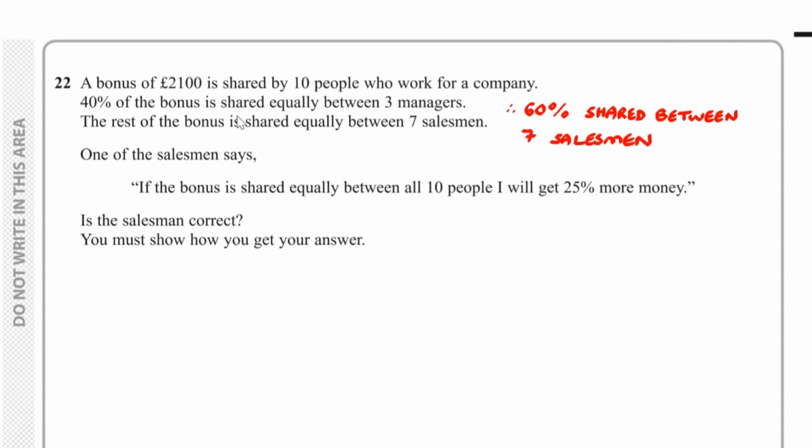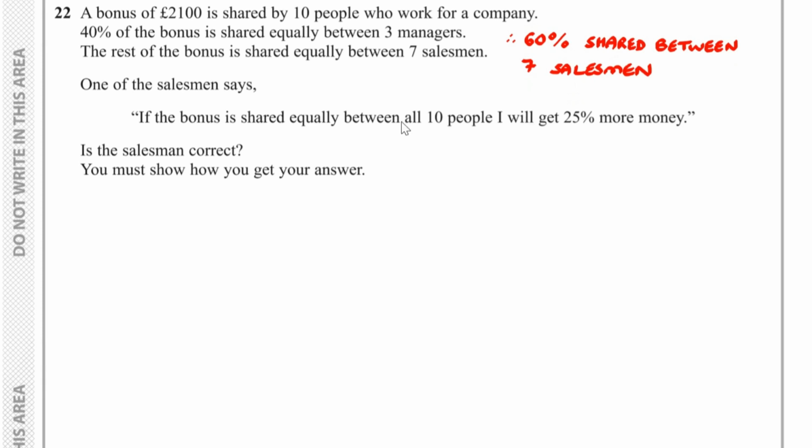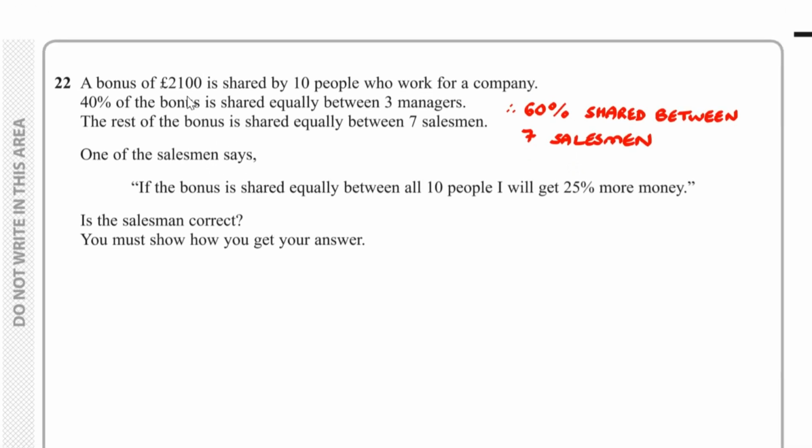First of all, if 40% of the bonus is shared equally between the 3 managers, that means 60% is shared between the 7 salesmen. So what we can do is calculate 60% of the 2,100. Let's find out how much all 7 salesmen get.